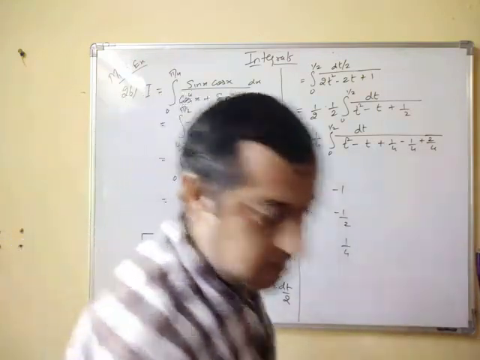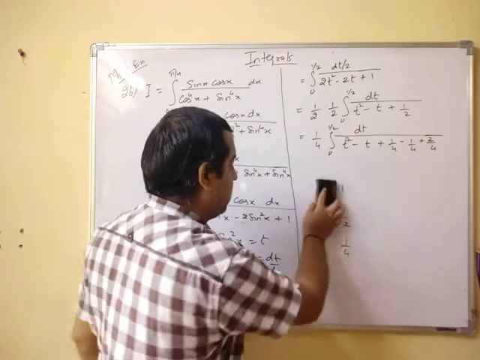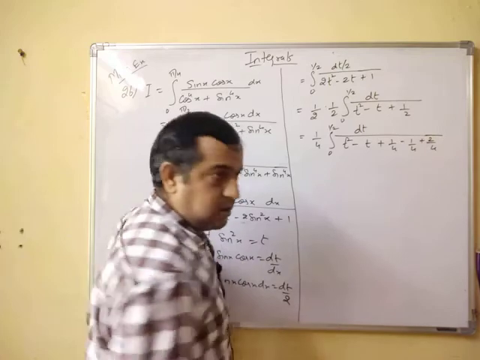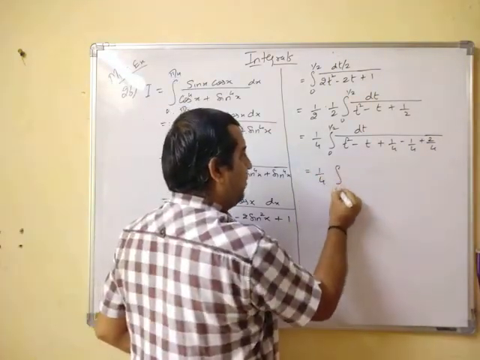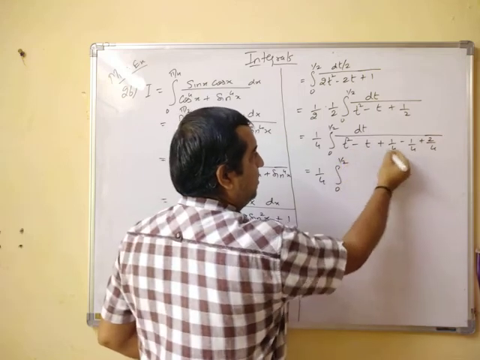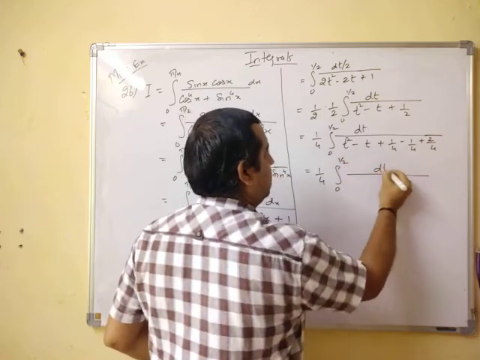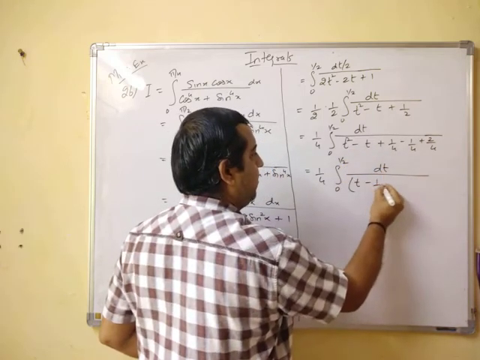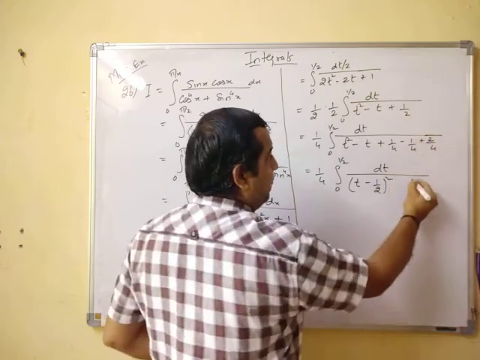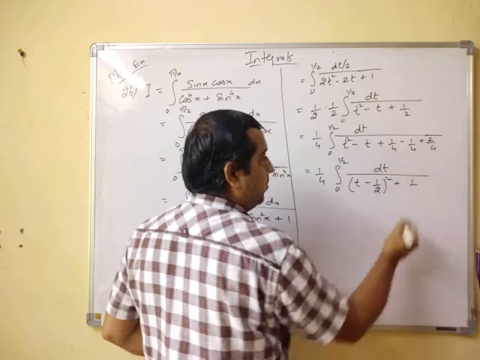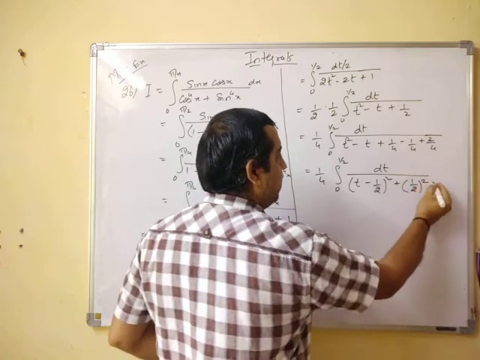Proceeding further, now see, this gives you 1 by 4 integral from 0 to half. These 3 terms will form t minus 1 by 2 square. 2 by 4 minus 1 by 4 gives you 1 by 4, and that too positive, which can be written as 1 by 2 square.